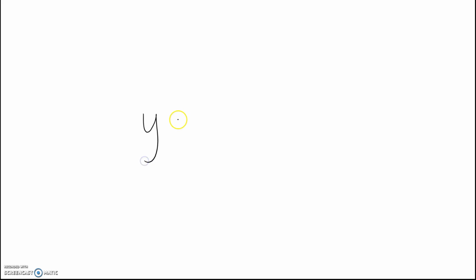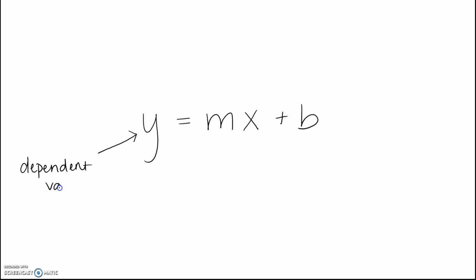So we know and have been using our equation of y equals mx plus b. Okay, so y is our dependent variable, and x is our independent variable.